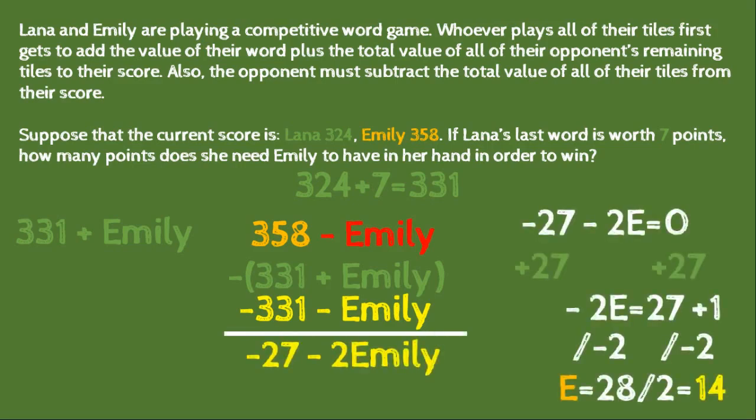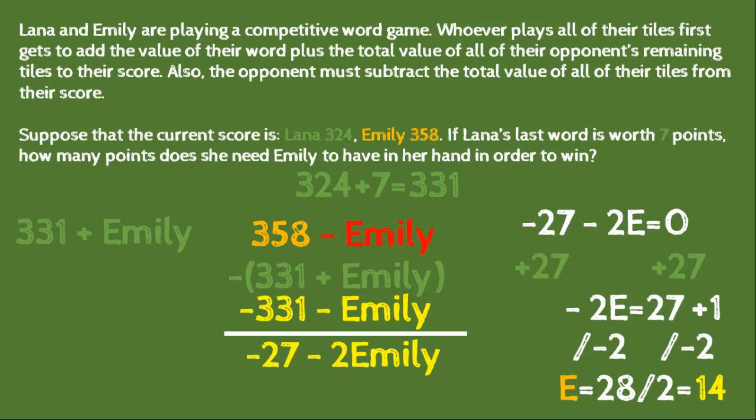358 minus 331 equals 27. Minus Emily minus Emily equals minus 2 Emily. So we represent minus 27 minus 2 Emily, which in this case we put as the letter E. So minus 27 minus 2E equals 0.